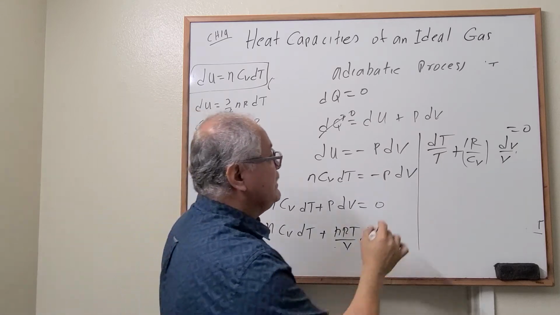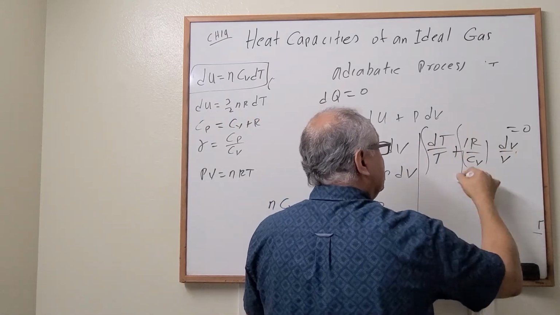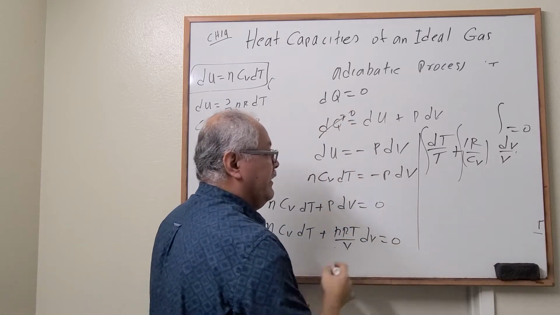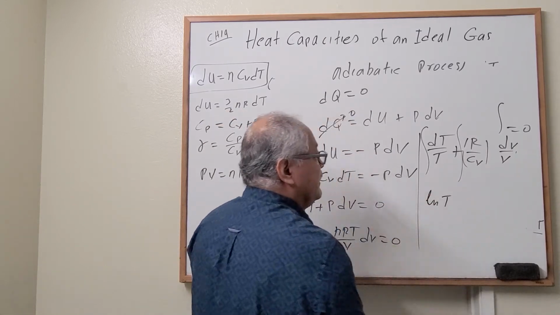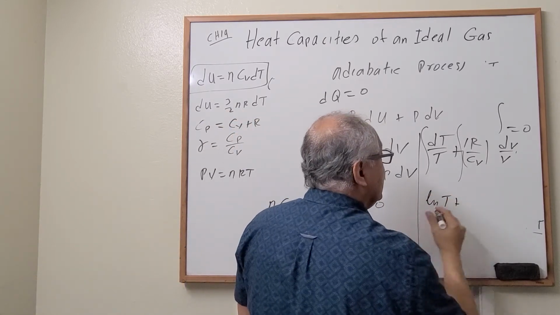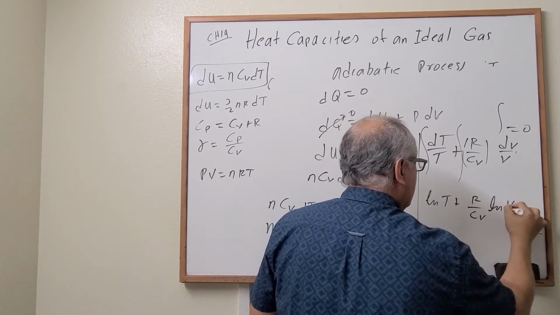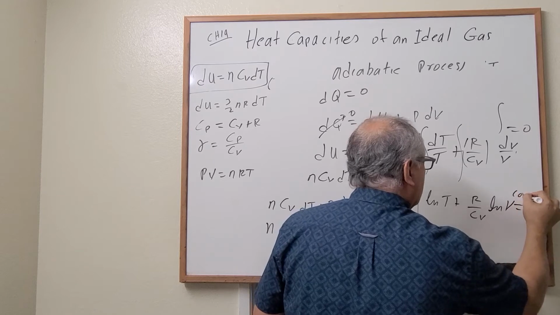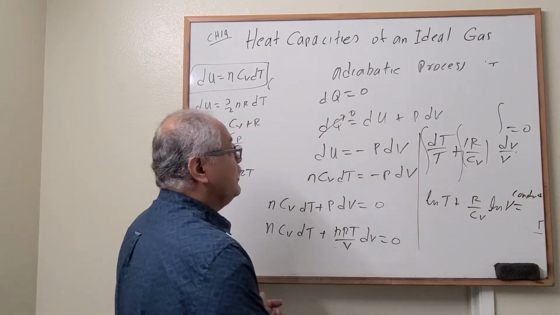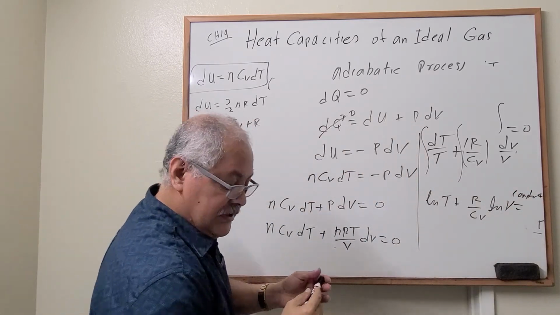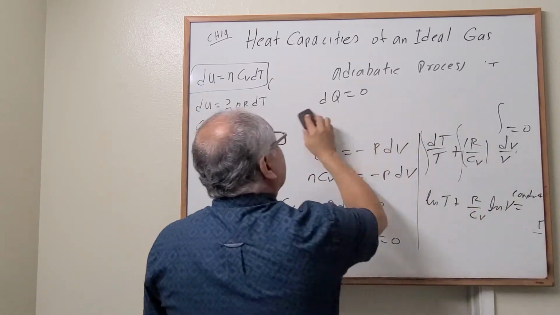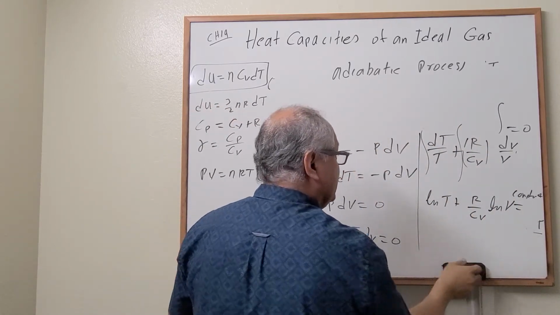Now let's integrate these terms, and what do we have? This is ln of the temperature plus R over Cv times ln of volume equals a constant.